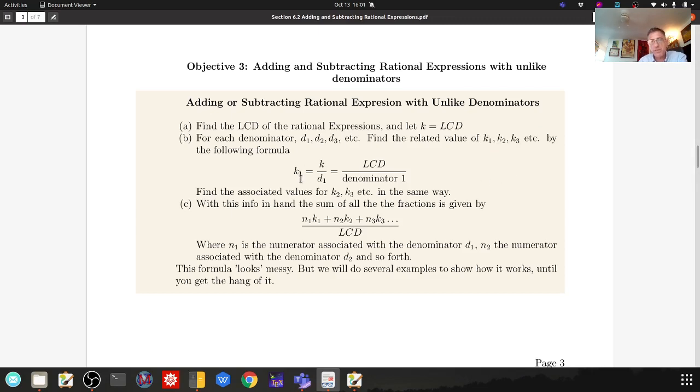My first k value is given by the LCD, which is my k without a subscript, divided by my denominator 1, or just k divided by d1. Then I find my k2 value. My k2 value is again my LCD divided by my second denominator.